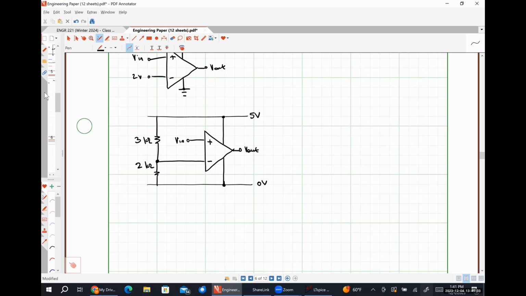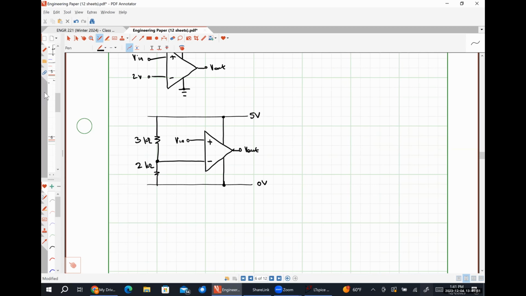So what's 1.5 times 12? 18. Is 18 less than VCC plus? So I'm not gonna have saturation distortion for positive voltages. Is negative 1.5 times 12 more negative than negative 20? It is not, because it's just negative 18.